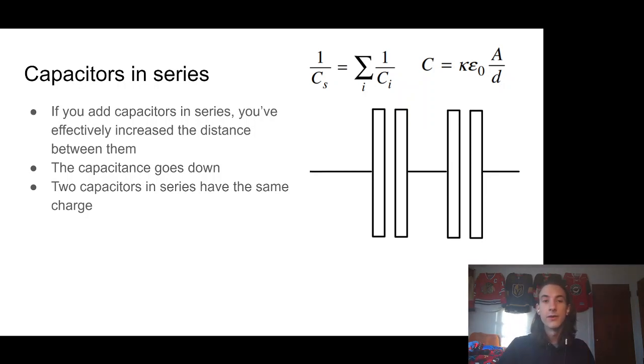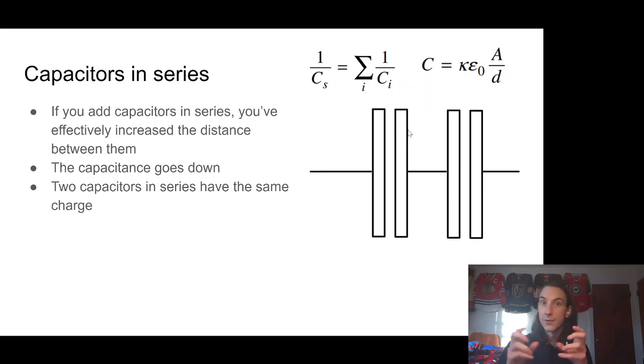Then one little thing to note is that if these capacitors are in series with each other, they have the same amount of charge on each one. So we'd have a positive Q, let's say 5 coulombs, stored on this plate, which would then induce a negative 5 coulomb charge on this one, right? Because we'd scare away 5 coulombs from this plate.